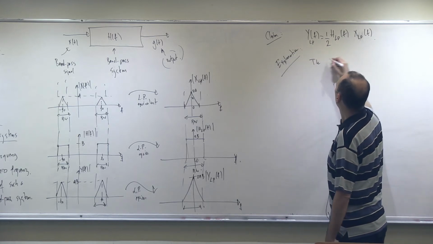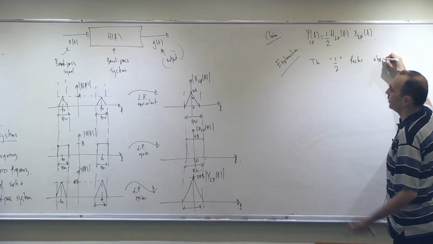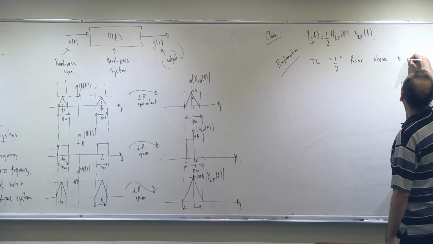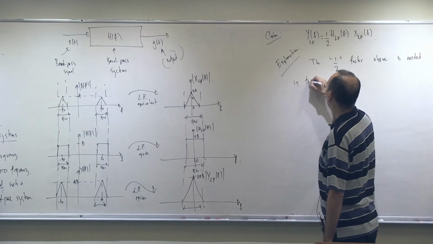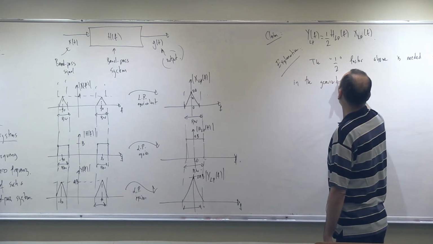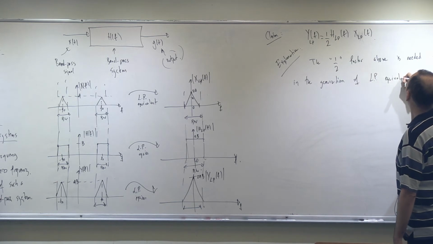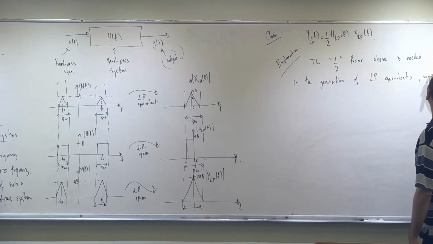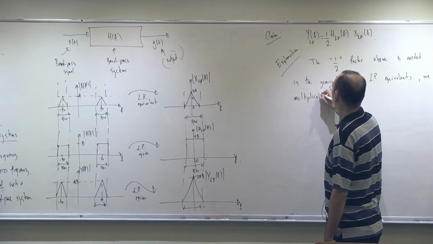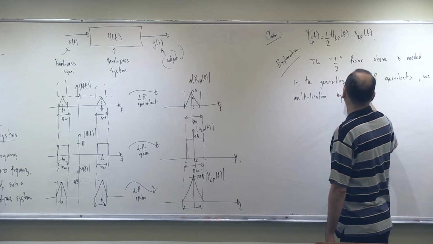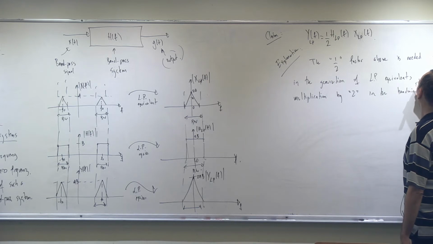The 1 over 2 factor above, I think it's very clear, but is needed since in the generation of low-pass equivalence, we have multiplication by 2 in the bandwidth of interest. Am I right?